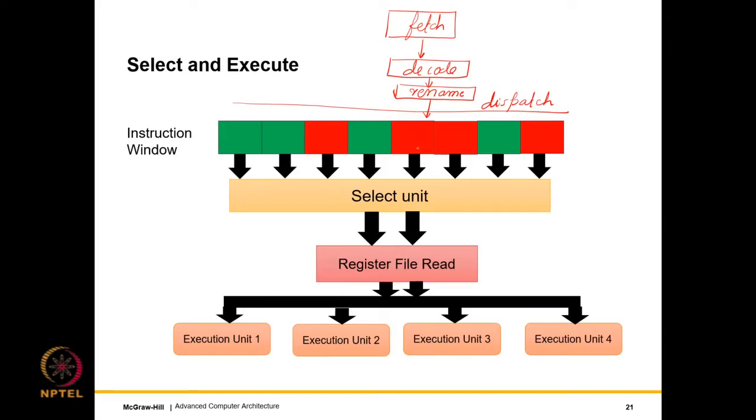So these instructions are waiting for one or both of their operands to be ready. So out of these green instructions, well, all of them we can execute, but let's say that we have two adders and all four of them are add instructions. We can only execute two out of these four. So let's say they are these two. So these two instructions essentially get selected. So we have a select unit. So it selects these two instructions.